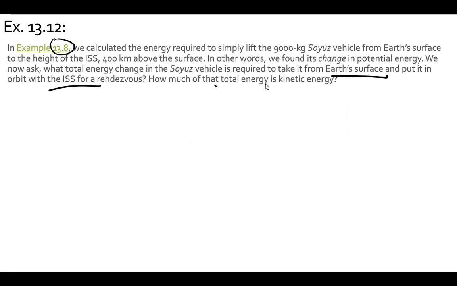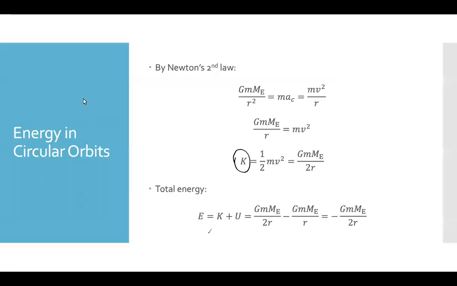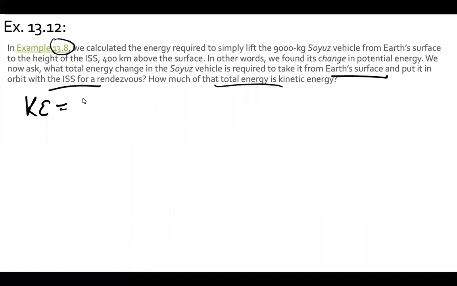So we basically want to find the kinetic energy and then find the total energy. So let's first find the kinetic energy. That is going to be G M m sub e over 2r.